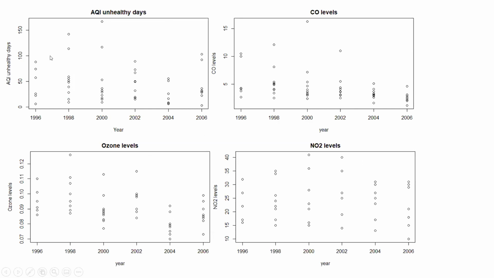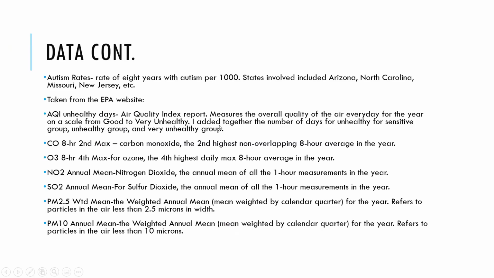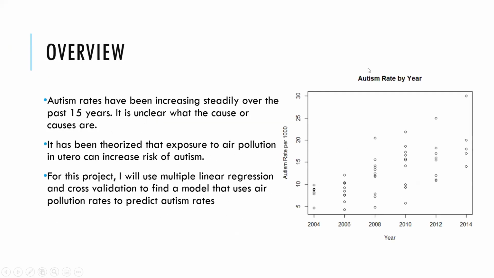And as you can see, these are very steady. That was kind of concerning because if I go back, I have a chart on the autism rates over the years, and these are going up. So I had a feeling that they might not be as correlated as I initially thought.